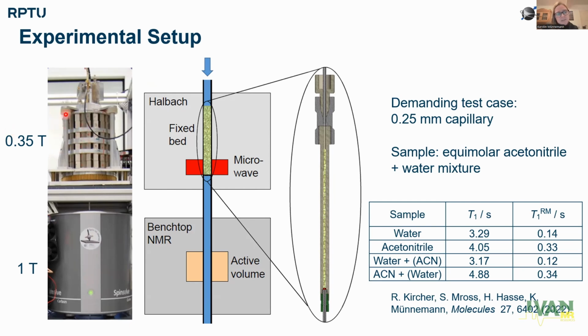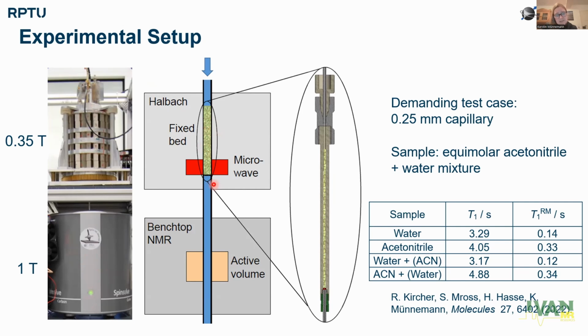And we do the ODNP experiment at 0.35 Tesla, which is X-band for the EPR spectroscopists, because there the microwave components are readily available and not very expensive. What we then do is hyperpolarize here, and then we just flow our liquid into our benchtop NMR for detection. One key ingredient of that setup is that we use not dissolved radicals, but immobilized radicals.